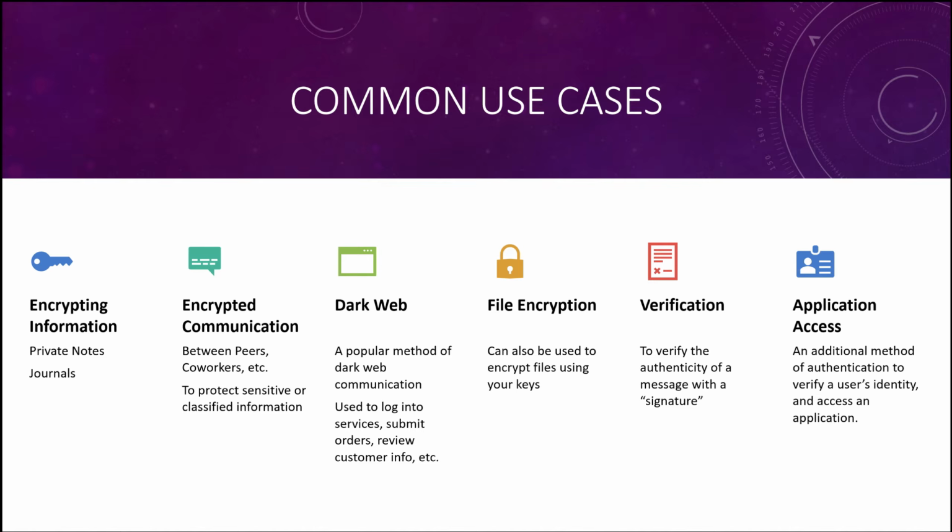It's also a popular communication method on the dark web, used to log into services, submit orders, look over customer information, things like that, for people buying and selling things they shouldn't be over the internet. It can also be used for file encryption, verification, or digital signing of files and messages. And finally, you might also use it to access certain applications.